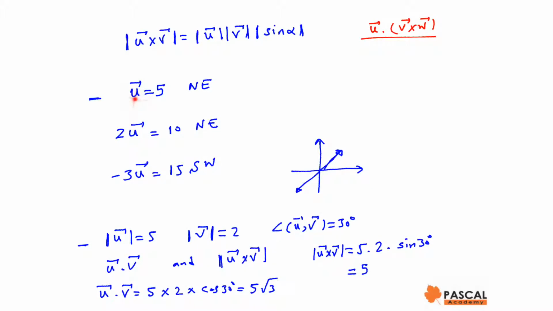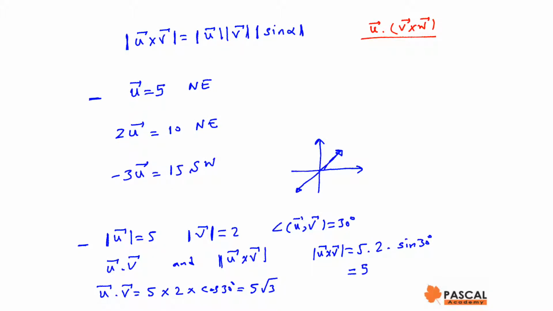Assume u is a vector with size of 5 and its direction is northeast. Therefore, 2u is a vector with size of 10, same direction. Minus 3u is a vector with size of 15 in the opposite direction.